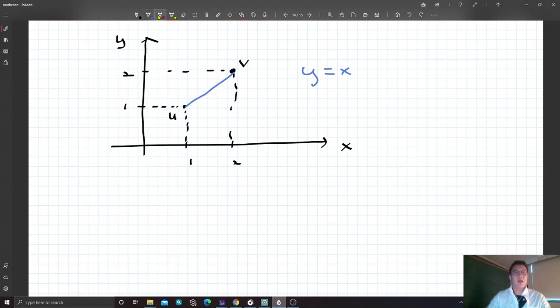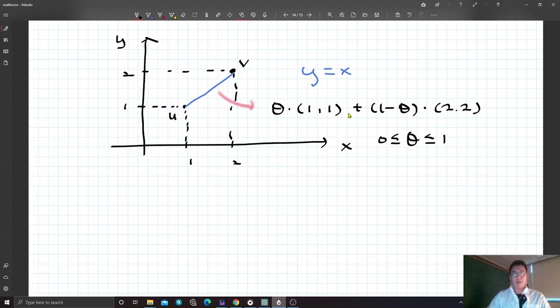For a line segment, we have a parametric equation. The way to write this line segment in math, using some parameter theta, is theta times the left-hand point (1, 1), plus 1 minus theta times the right-hand point (2, 2). Here theta is some number between 0 and 1.